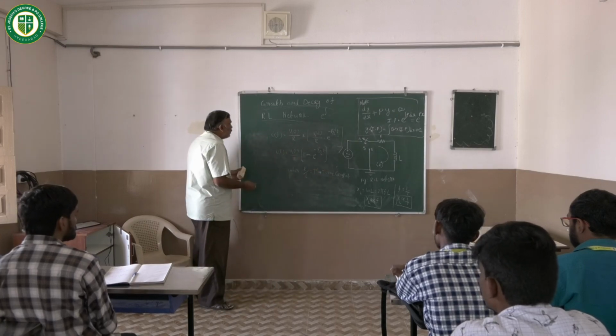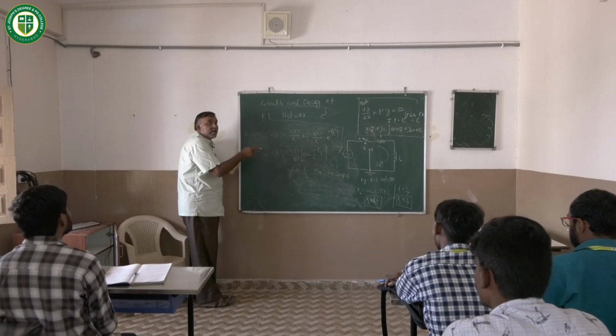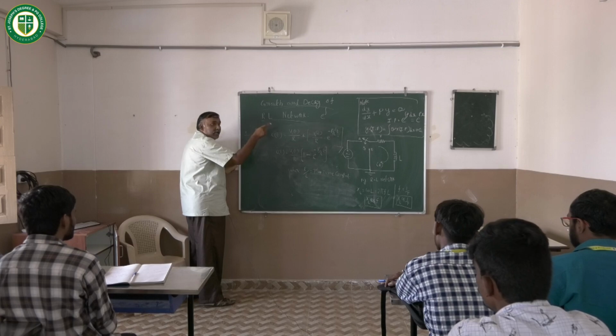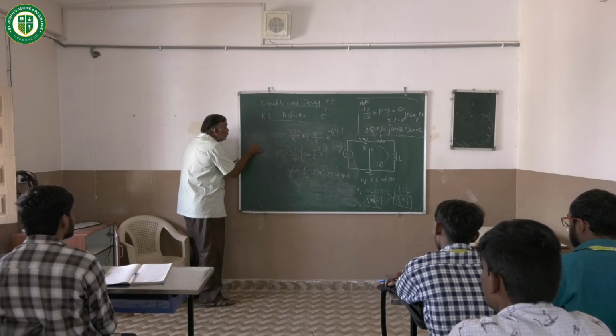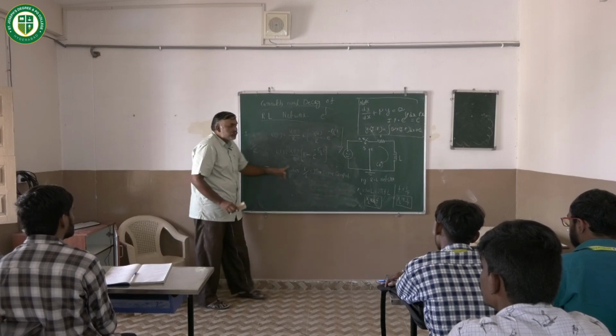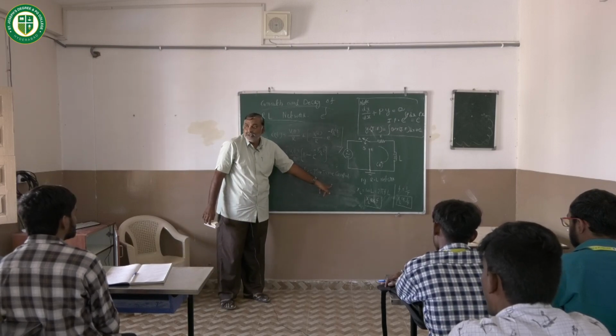If I assume the initial charge as 1, the average time taken by the inductor to discharge its energy from 1 to 1 by e times is called a time constant. Is it clear? Time constant.